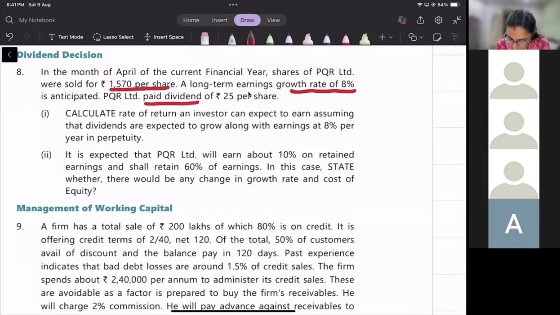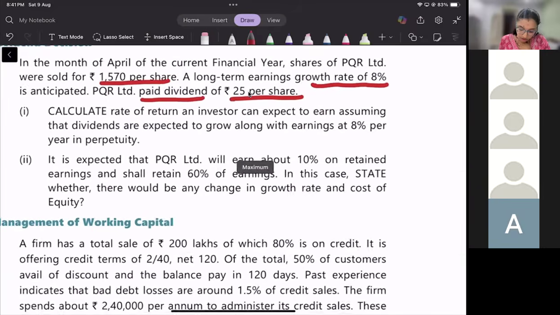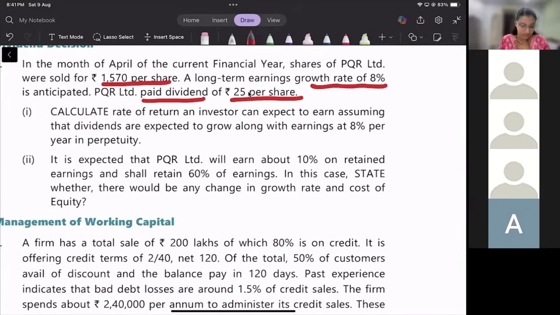Paid dividend of 25 per share. Okay. Calculate the rate of return an investor can expect to earn assuming that dividends are expected to grow along with the earnings at 8% per year in perpetuity. What is the meaning? What have they actually asked us to find out? Rate of return an investor can expect. What have they asked us to find out?